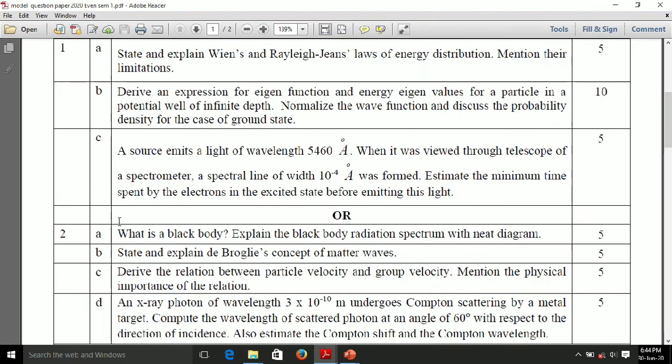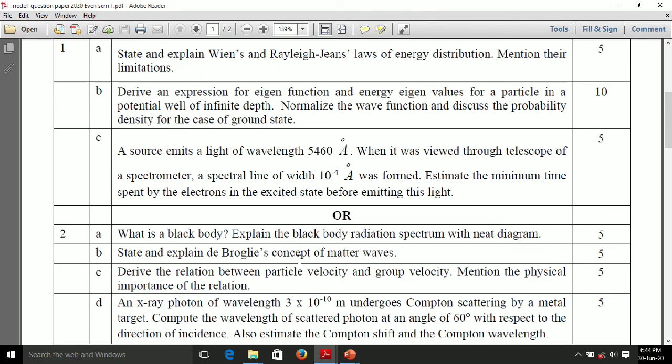So you choose any one of the two main questions, and answer all the sub questions of that particular main question. If you choose one sub question from the first main question and 1 or 2 other sub questions from the other main question, then of course both will be evaluated, but whichever gets higher marks will be considered for the final awarding of the marks.